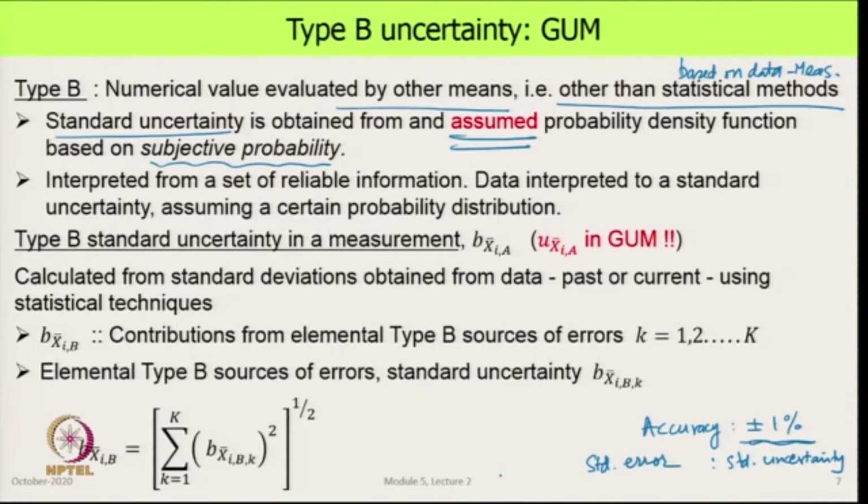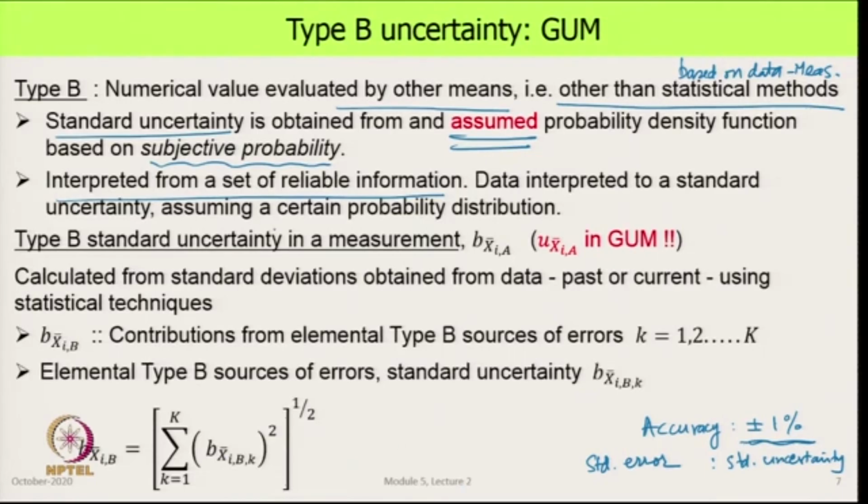So, although the technique could be statistics based, the data is not from a hard experiment. So, what we do is we interpret the values from a set of reliable information or a pool of reliable information, like accuracy is one, linearity is another, and there will be so many other things that come in.